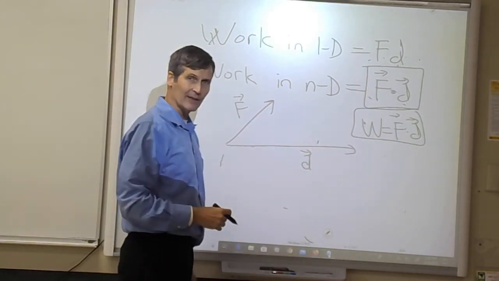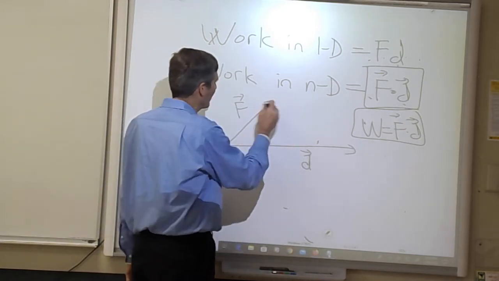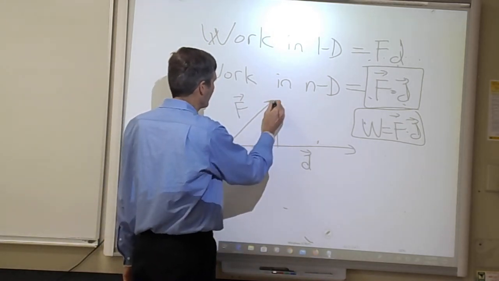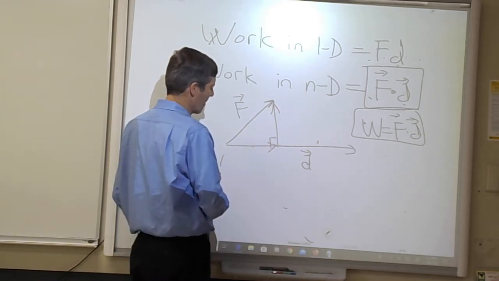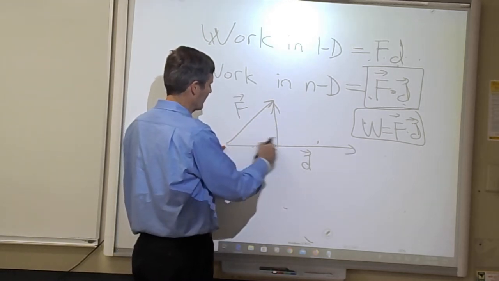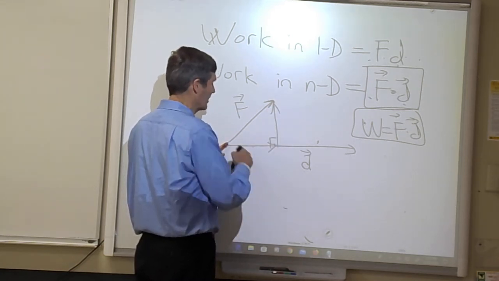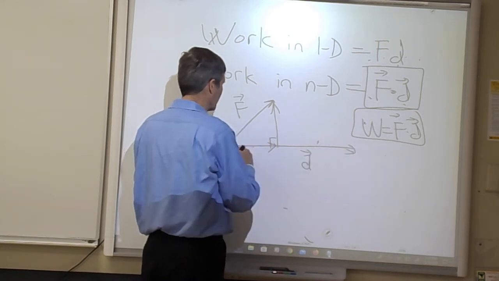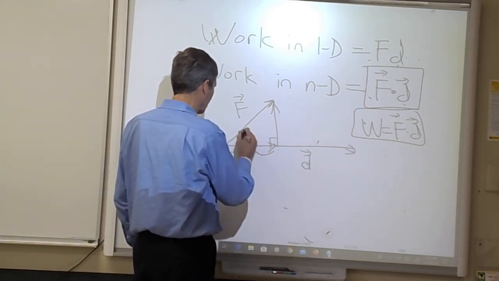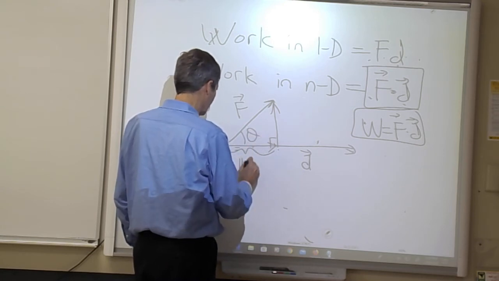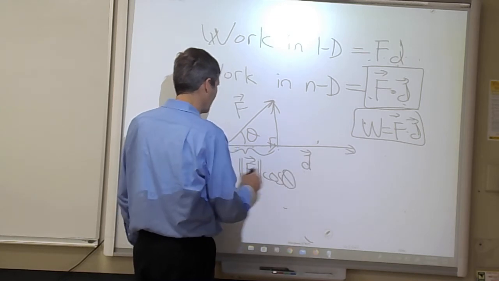Why would that be? Here's the reason. This force can be broken into components, a perpendicular component and a parallel component, right? We can write it as the sum of this vector plus this vector. We're only going to count the work done by the force where it actually moves the object. So if it moves in this direction, we're only going to count the component of force in this direction. But this component of force, remember if this is the angle theta, is the length of force times cosine of the angle.